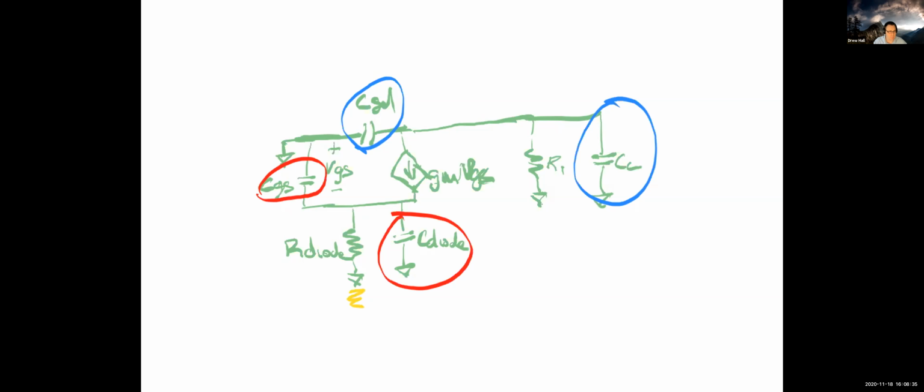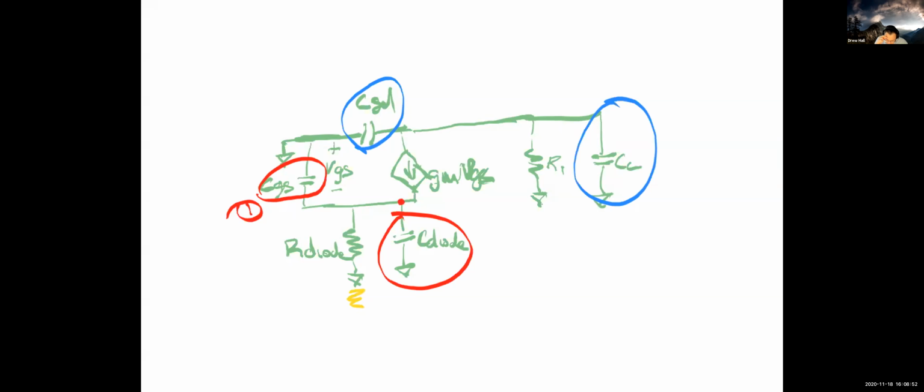All right, so if we wanted to solve for this first capacitance, we essentially need to do KCL at this node.